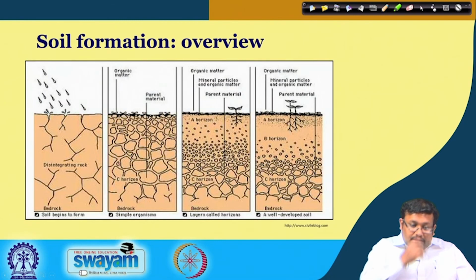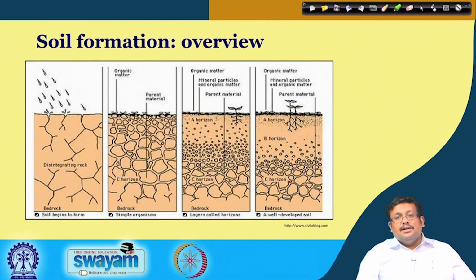So, in this picture, I have shown 4 panels which show chronological events for soil formation. As you can see in the first panel, the parent rock from which the soil is formed is shown, and it is acted upon by rainfall, which is a physical force, and this rainfall helps in the physical breakdown of this rock into smaller fragments.